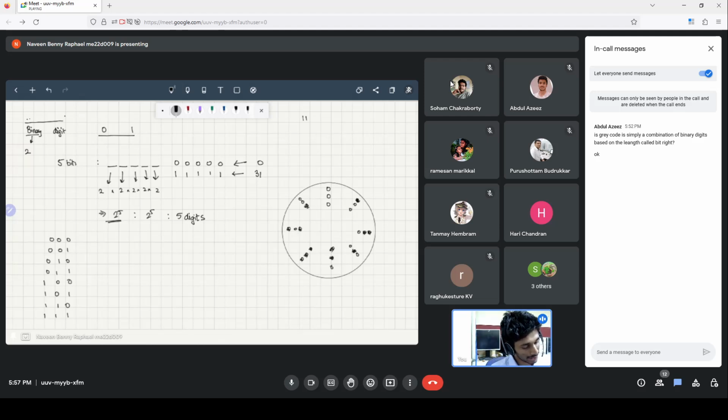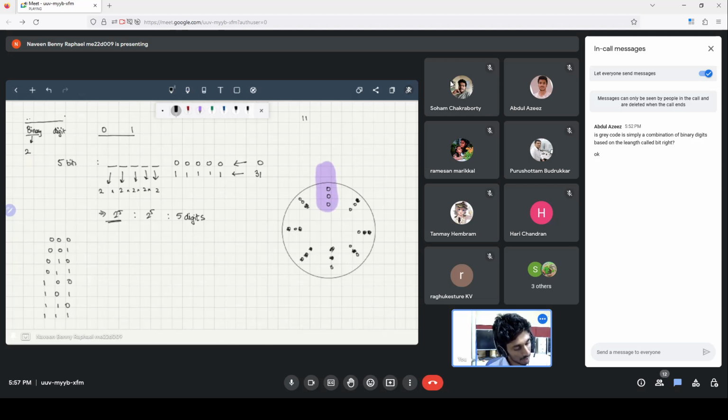Now I have a light emitter which I keep behind this. Just to clarify, the entire disk is opaque, so the light can only come out from these holes.